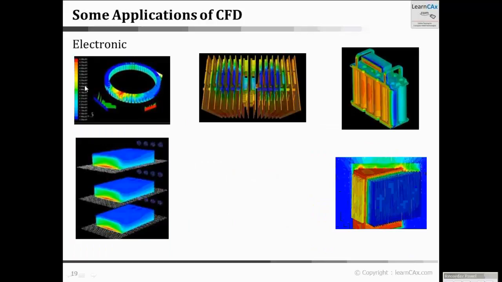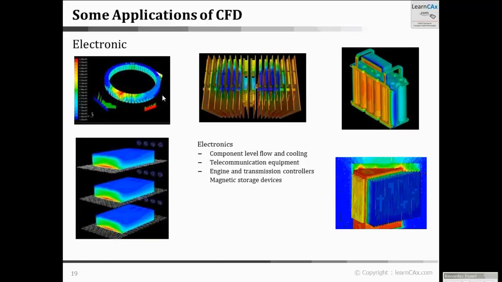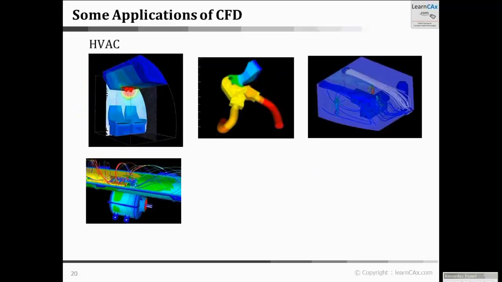Another popular example is electronic cooling, in which CFD is used for modeling the component level and the assembly level cooling problems. They are also used in equipment modeling. It is also used in storage devices, modeling the cooling requirements of storage devices.